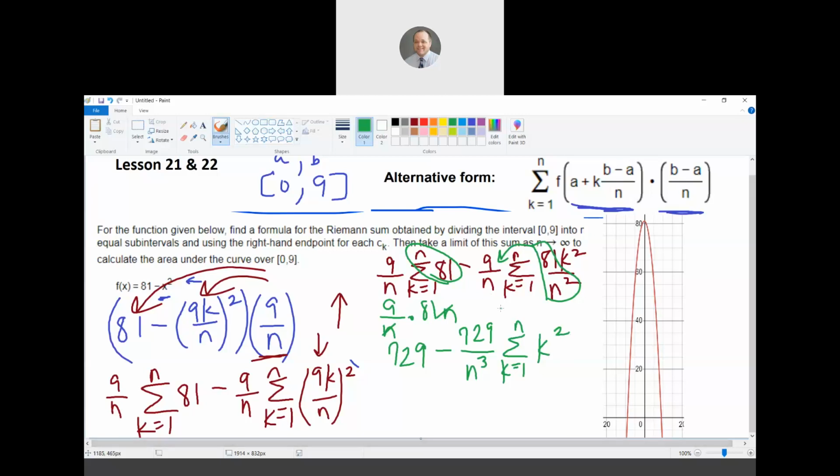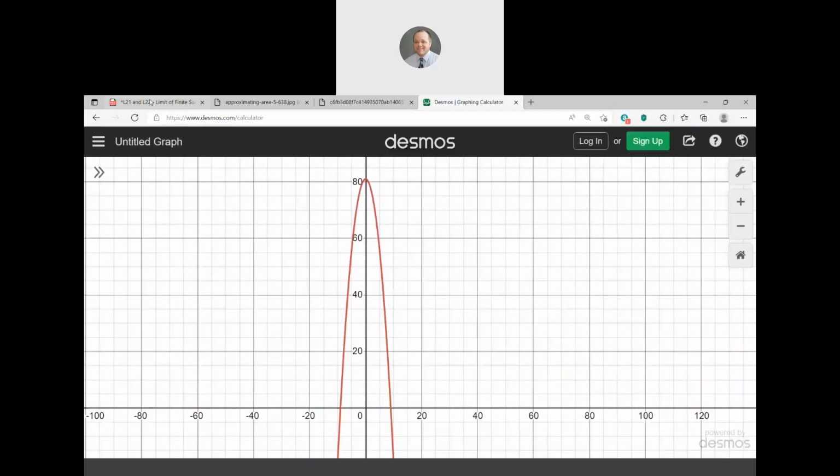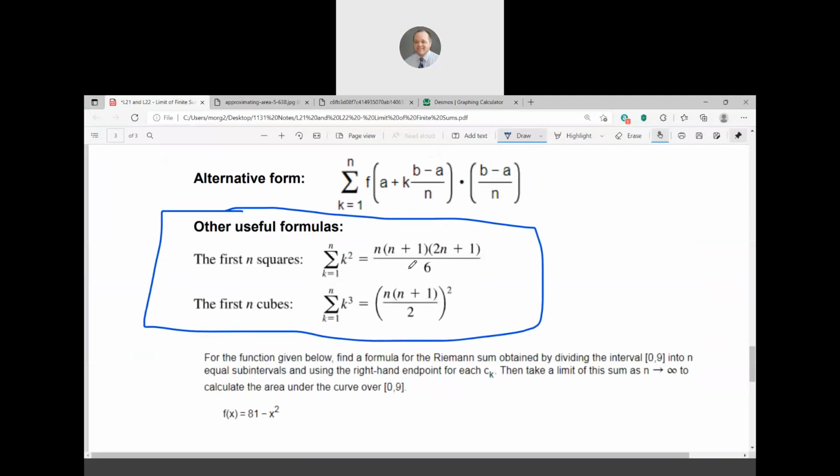Now, we can actually find this part because it's a special summation formula. As I showed you earlier, we can replace the sum of k squared with this particular formula.